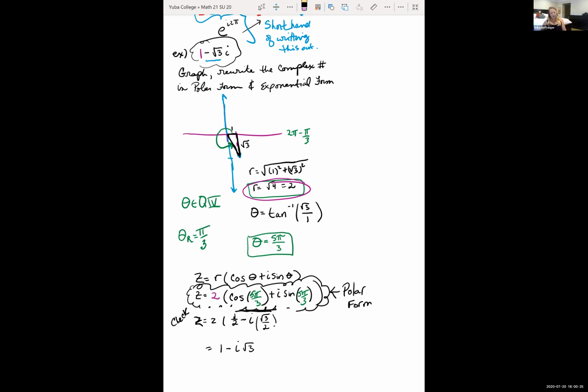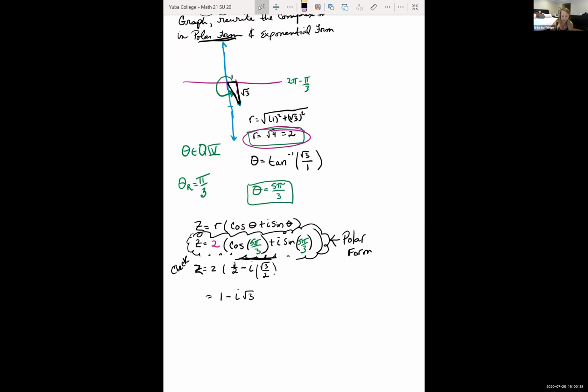So we graphed it. The part B, find the polar form, which we did. It's the 2 times cosine 5 pi thirds plus I sine 5 pi thirds. You can have the 2 distributive if you wanted. And then the exponential form. This is where Z is equal to E raised to the I times R theta. So Z is equal to E, I, R in our case is 2, and our theta in this case is 5 pi thirds.